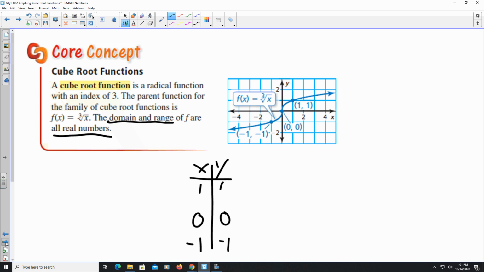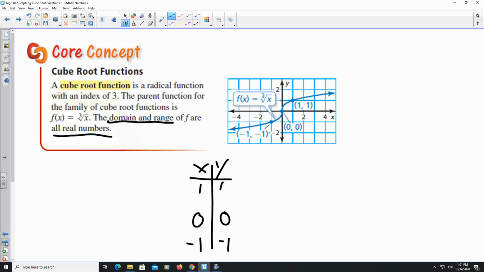Then it crosses at 0, 0, which is where our graph goes from quadrant 3 to quadrant 1. That is how the look of a cube root function is represented.